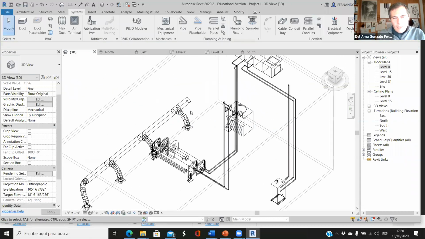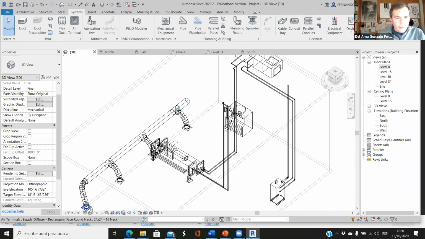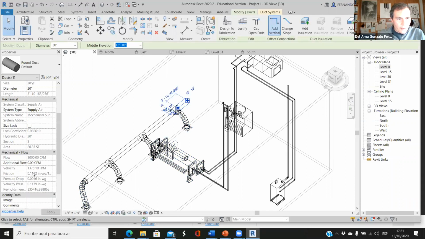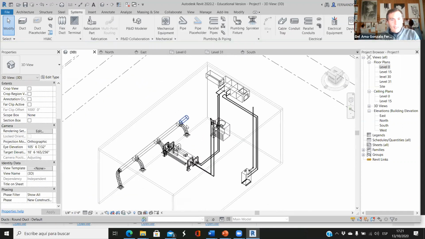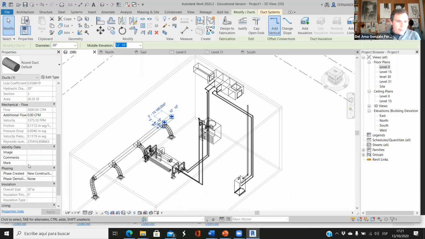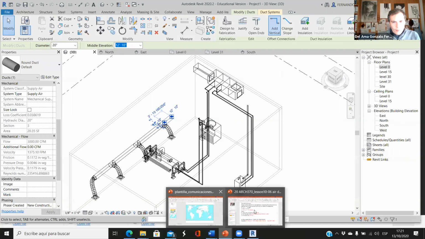Nice. Now I have to check if everything is correct. So the total flow of this duct should be 750 times 4. And this is 3,000. Yes, I like it. Okay. Well, what's the velocity? Let me check the velocity. It's 1,300. Is it within the limits?